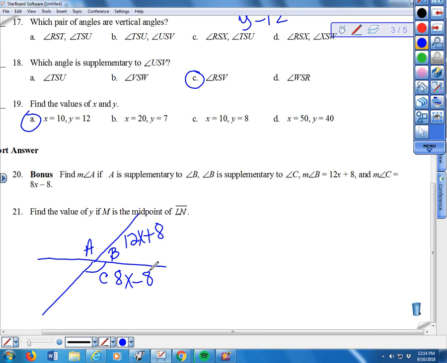Okay. But in order for me to solve for C, which then gives me A, what kind of equation can I set up? What do I know about this angle plus this angle? 180. So I can just set up 12x plus 8, if my pen would work. I don't know why the board does this to me.